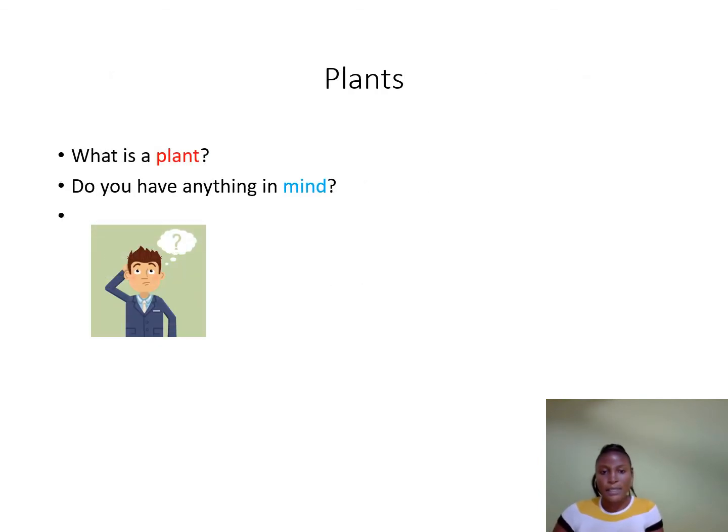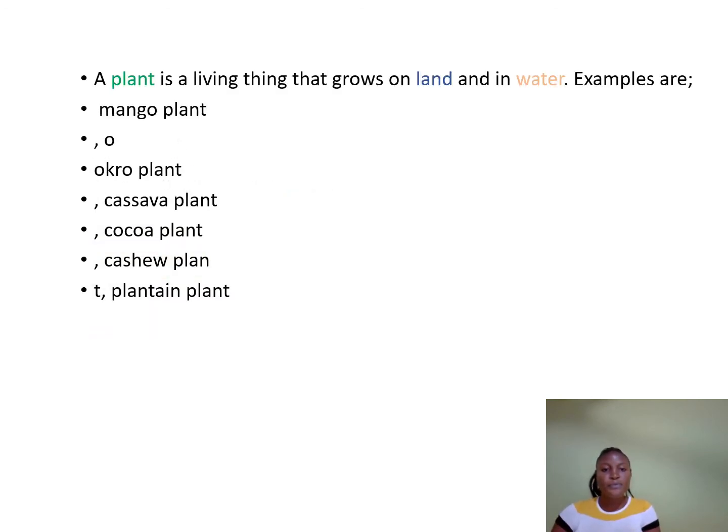What is a plant? I know we all have heard of plants. Do you have anything in mind when you hear of plants? If you do, let's see whether what you have in mind is the same as this. A plant is a living thing that grows on land and in water.